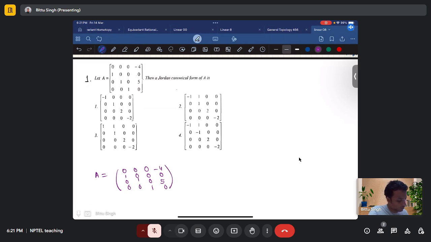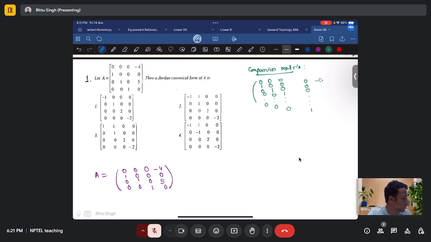Those matrices are actually called companion matrices, and for those the characteristic polynomial is already known. In general, a companion matrix takes this form: 0, 1, 0, 0, 0, 0, 0, 1, and so on, and after that it stops at 1.